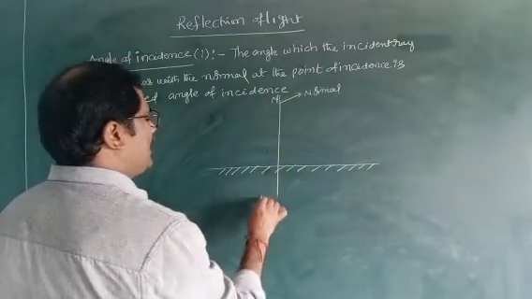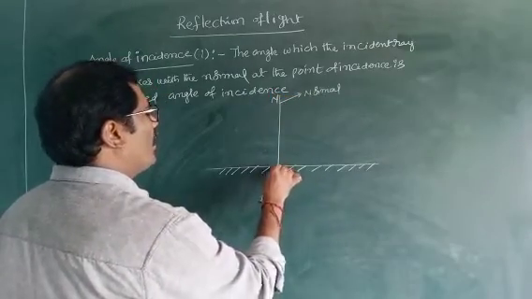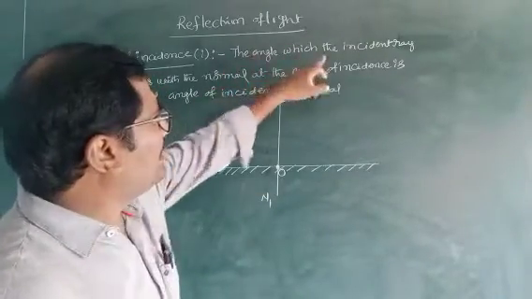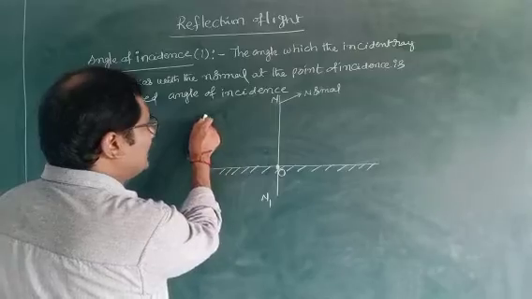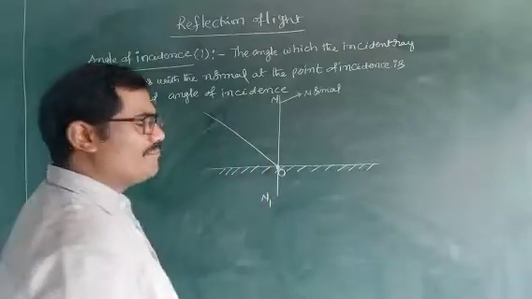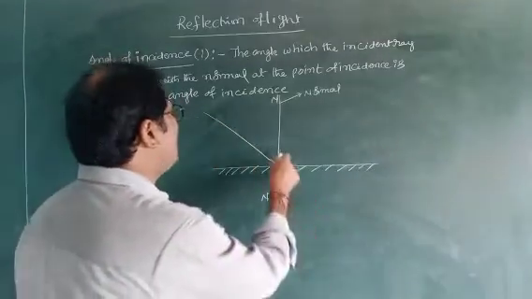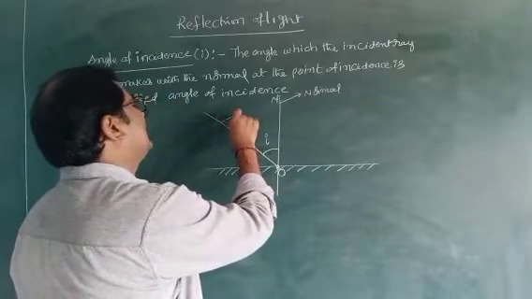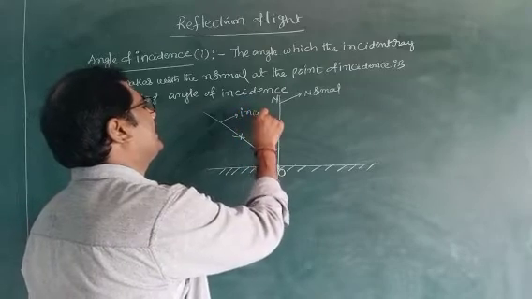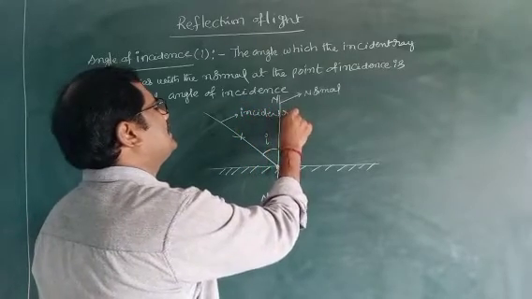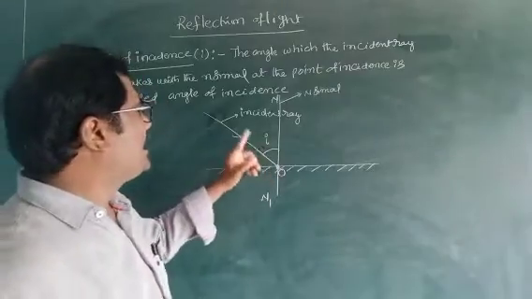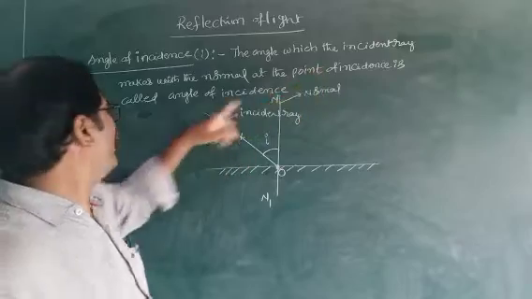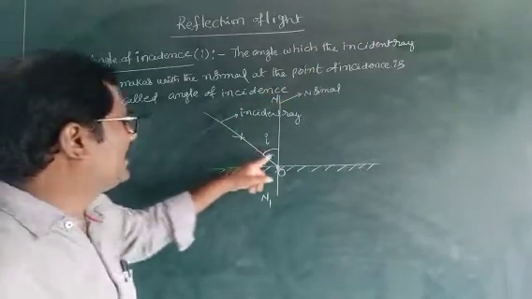It is N and N1. It is the point of incidence O. The angle which the incident ray makes with the normal at the point of incidence is called the angle of incidence.